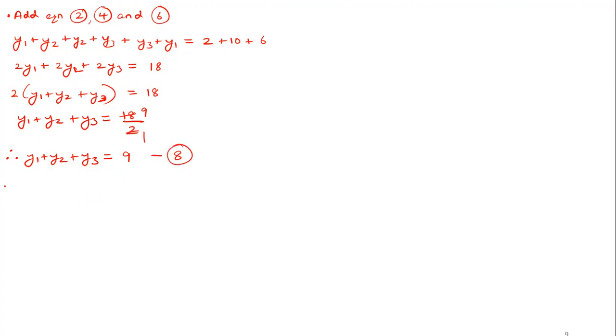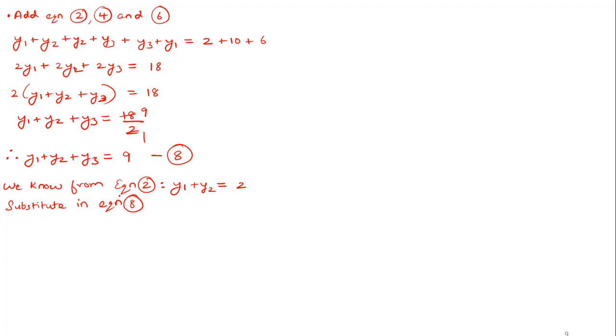So now we will say we know, same like how we did for x, from equation 2 that y1 plus y2 is equal to 2. So substitute in equation 8.